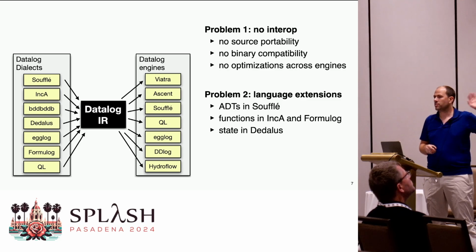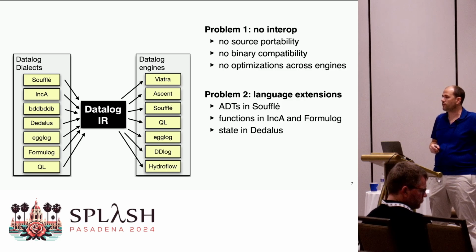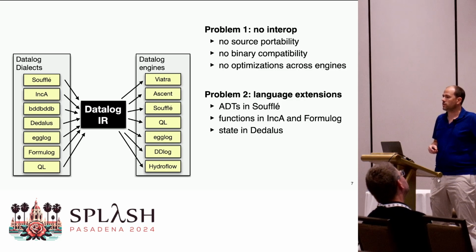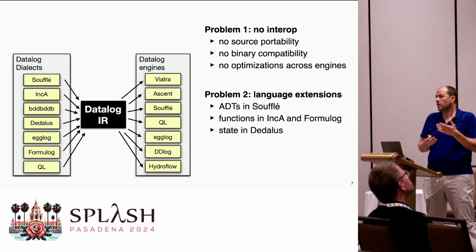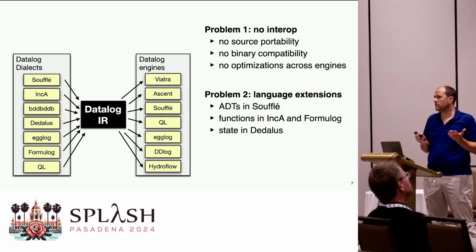So for example, Soufflé has algebraic data types. Inca and Formlog have functions. Datalog has state. These are all things that don't exist in textbook Datalog, and also not in the Datalog dialects you see in the database community. Okay, so we need a more sophisticated design.